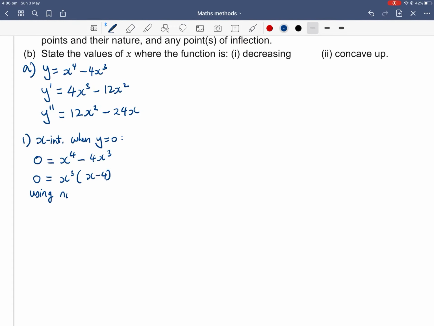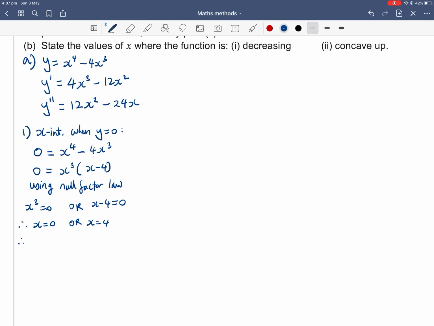So using null factor law, we get x cubed equals 0, or x minus 4 equals 0. So therefore x equals 0 because the cube root of 0 is 0, or x equals 4. So we have x-intercepts at (0, 0) and (4, 0).